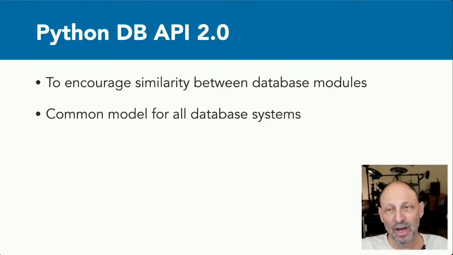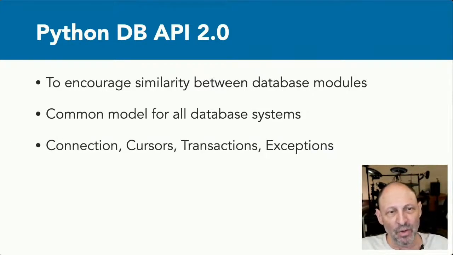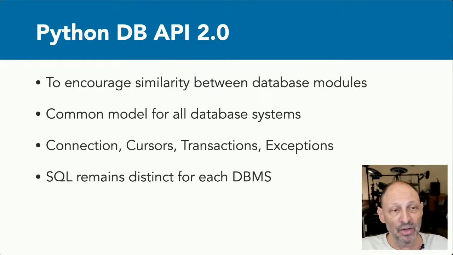And I say more or less because the DBMSs themselves are different enough that this just doesn't always work like that. The DB-API is feature complete, including support for all common relational database operations, and you still need to, of course, use the SQL syntax for each specific database system.